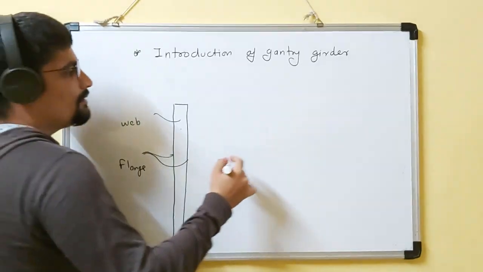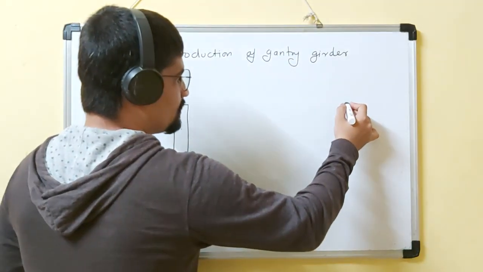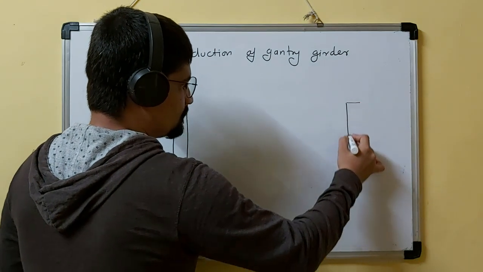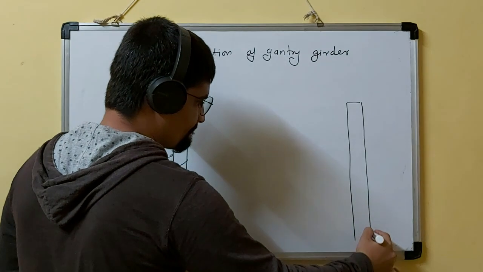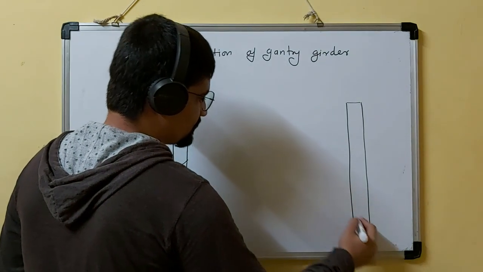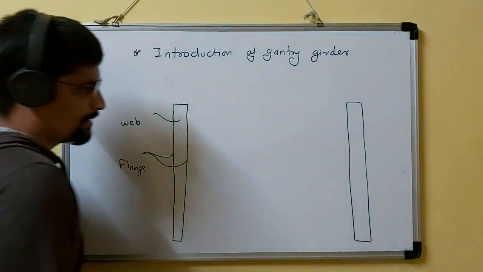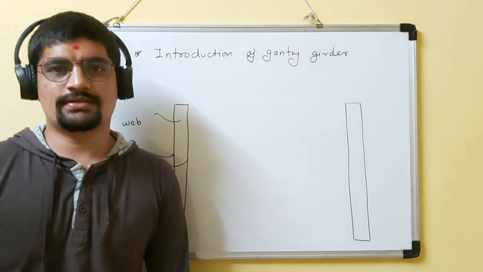The same column section is placed on the opposite side, like this. This is flange, web and flange. Now why have I placed this column?